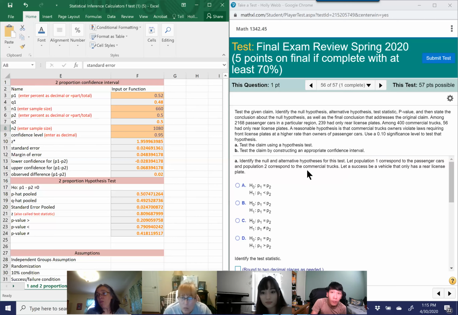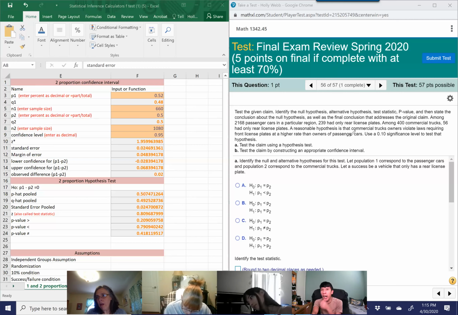So it's very important to read which one is population 1 and which one is population 2. I think it's even worth annotating: let population 1 correspond to passenger cars. And you see how I had to scroll around to find it. So you have to be really careful.